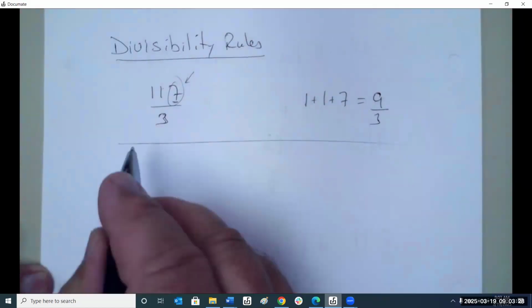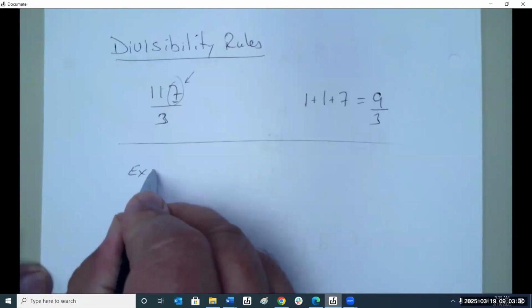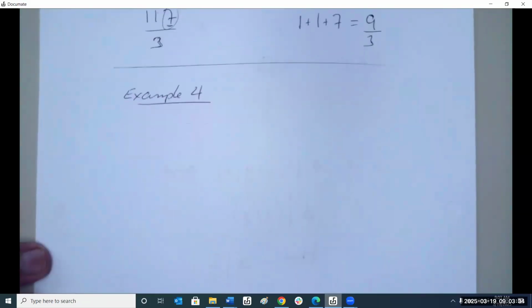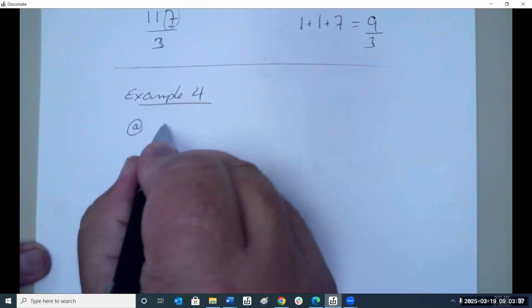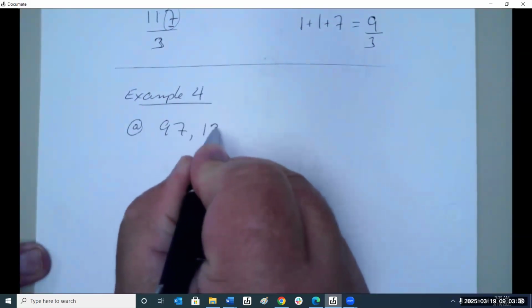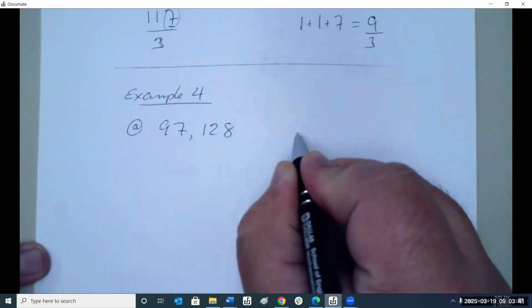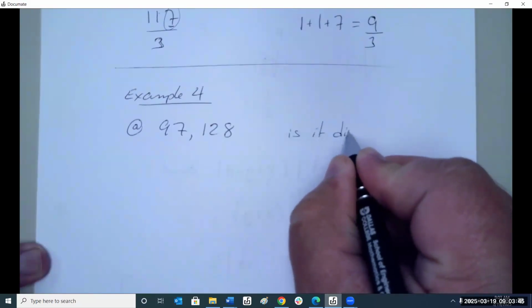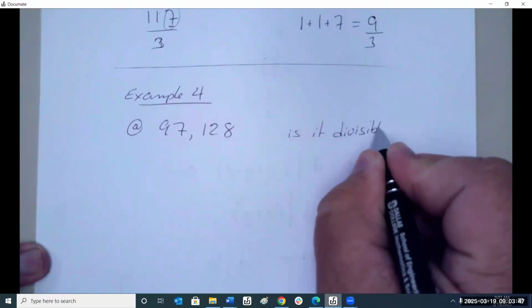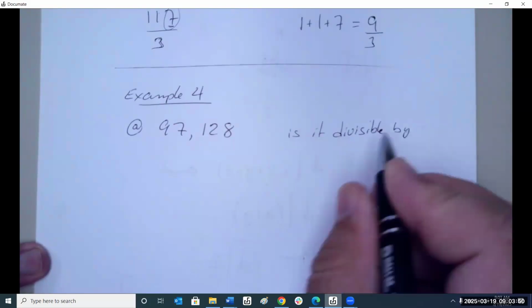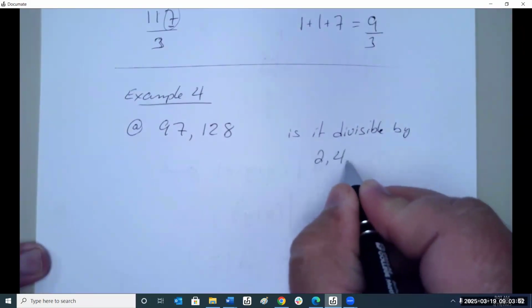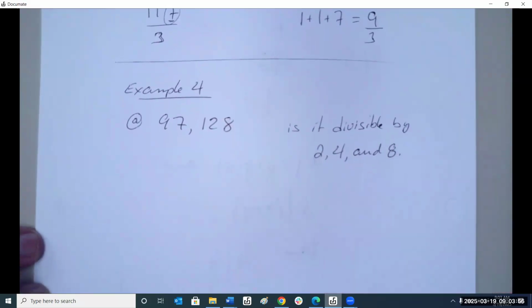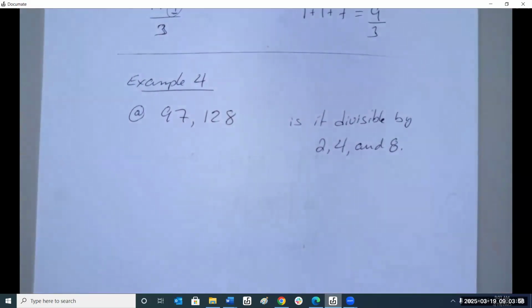So let's look at example 4. Is it divisible by 2, 4, and 8?